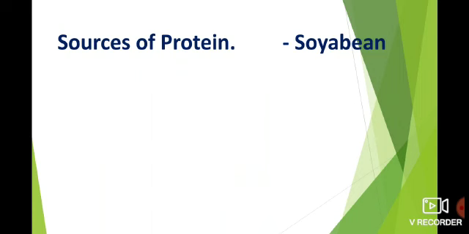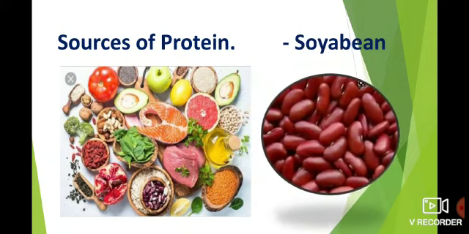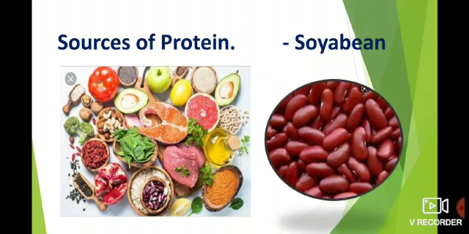The main sources of proteins are pulses, egg, milk, fish, nuts and grams. A very rich source of protein is soya beans.